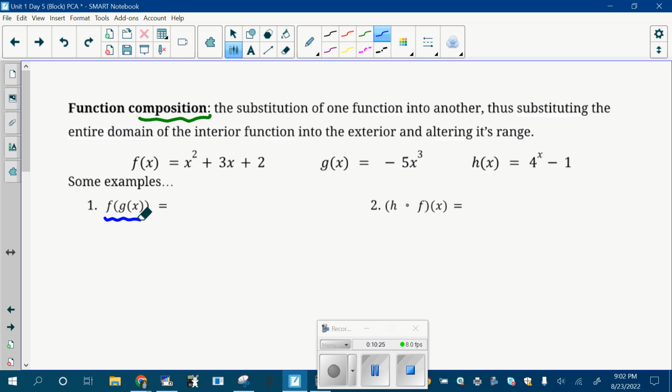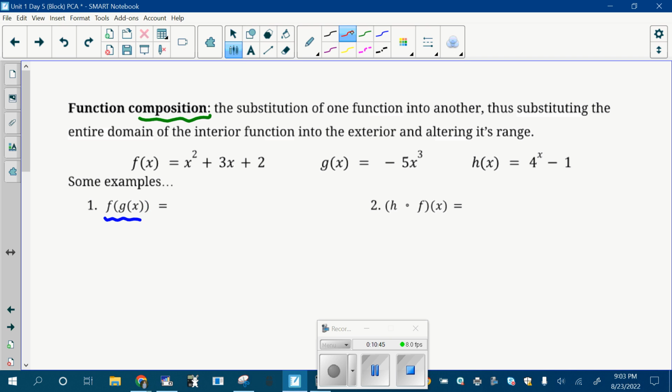It's not f of x times g of x, it's f of g of x. What you're doing here is you're taking f and you're sticking g of x into f. You're taking g and putting it into f.